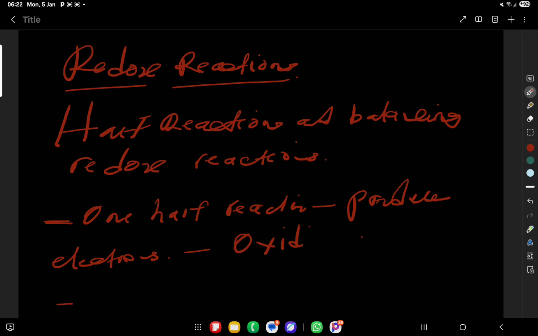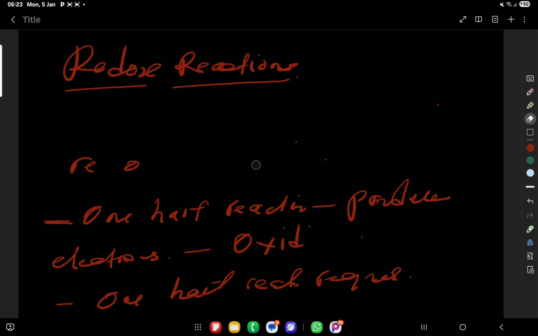Then the other half reaction requires electrons. If it requires electrons, I'm going to have A plus the electrons, so that I can have C plus D. Remember we said in terms of electrons, reduction is the gain.